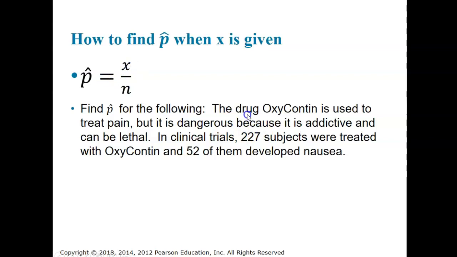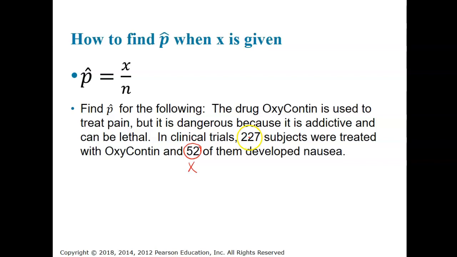Like here in this example, the drug OxyContin is used to treat pain, but it's dangerous because it's addictive and can be lethal. So in clinical trials, 227 subjects were treated with OxyContin and 52 of them developed nausea. So X is the number of what we call successes, the number of people that actually had the characteristic we're looking for, which is developing nausea.